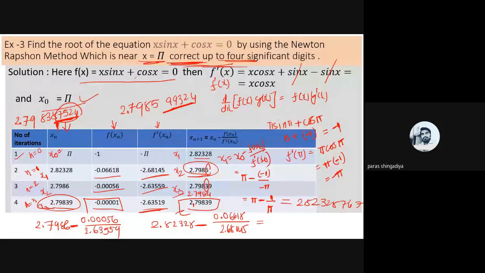If 3 significant digits are given, we'll match 3 digits after the decimal, and we'll stop this process at the third iteration, because in the third iteration x2 and x3 are repeated up to 3 decimal places. So this is our final answer, 2.79839.